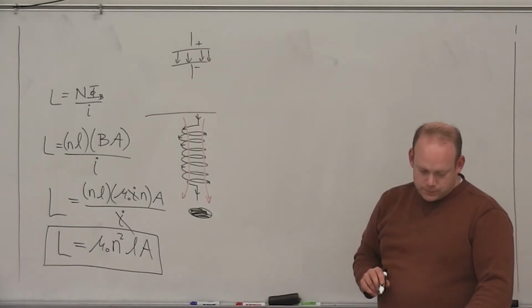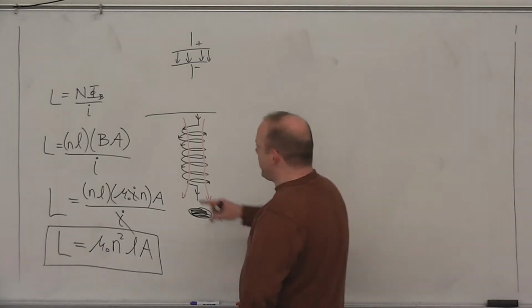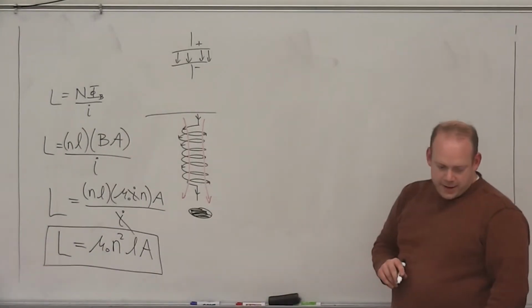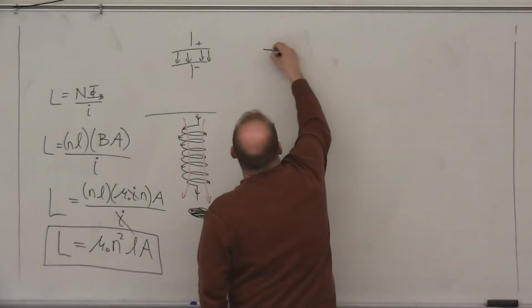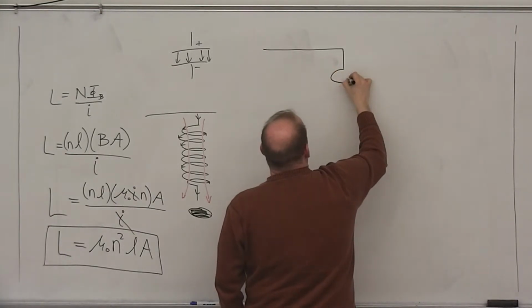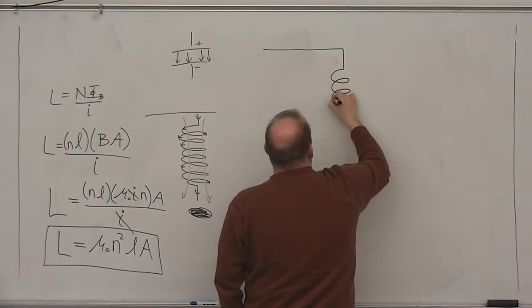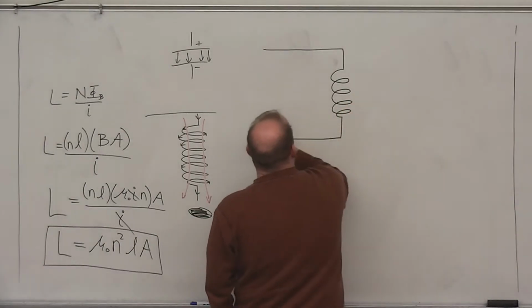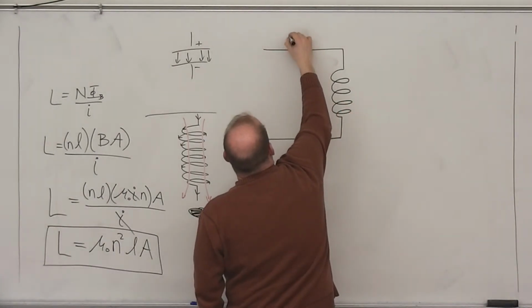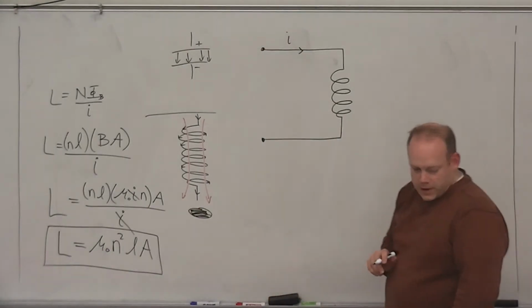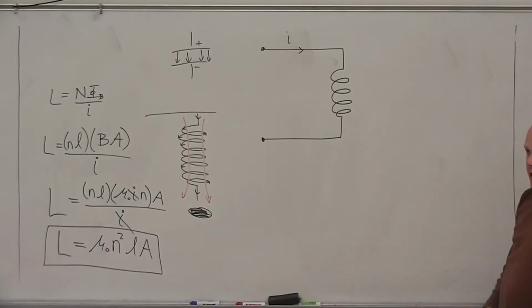Now, if I look at this here, going back up to that one, if I have a current that's going through a wire here, now I'm going to do it like this. Okay? Current's going to flow like this. Now, I turn the current on, it's nothing initially. Okay?